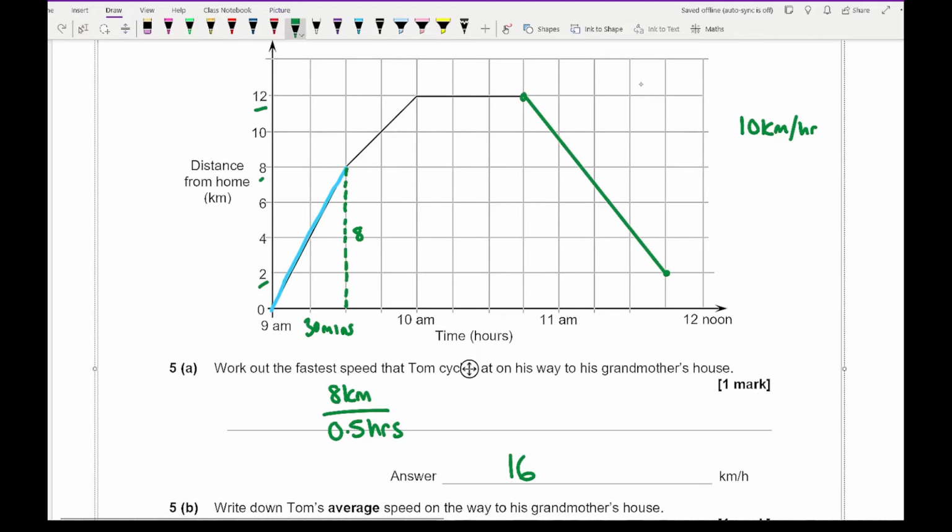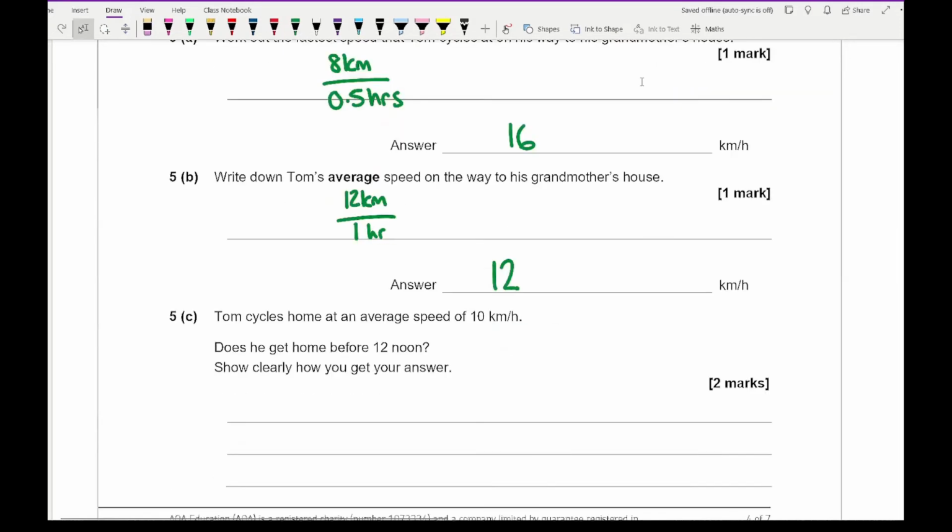And then if he's traveling at the same speed, then that's going to continue. So if I just project that line downwards, you can see that if this is 12 noon, he is going to arrive before that time. So the answer would be yes, he gets there, and then it's just a case of guessing the time.